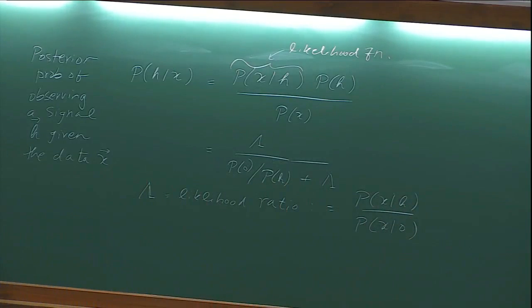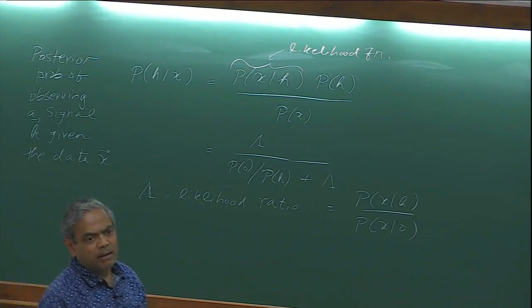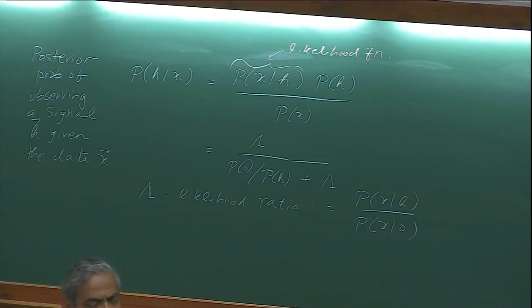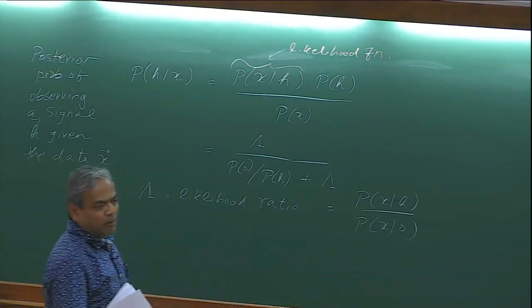That's what is of most importance to us, this likelihood ratio. That is the one that contains data, the other quantities don't, or rather P of 0 and P of h are our prior information.